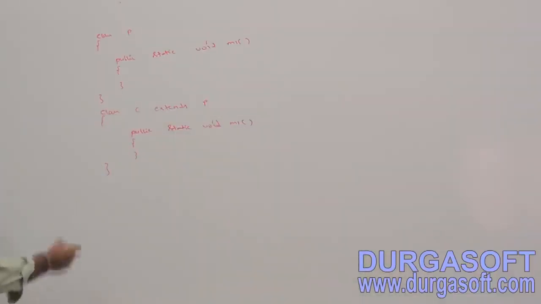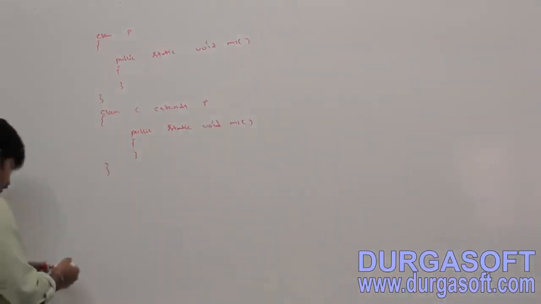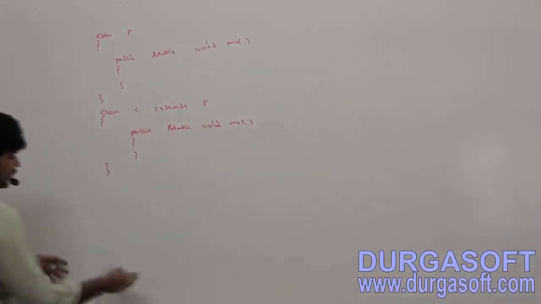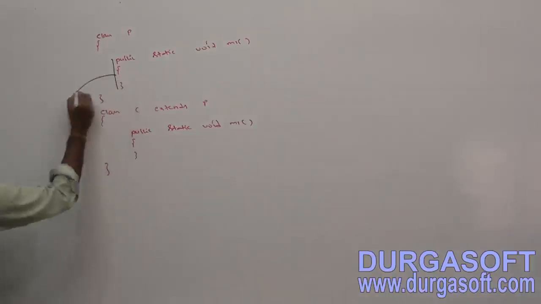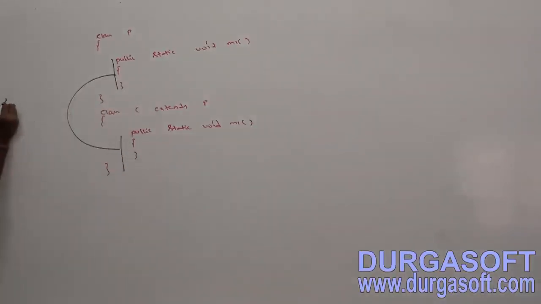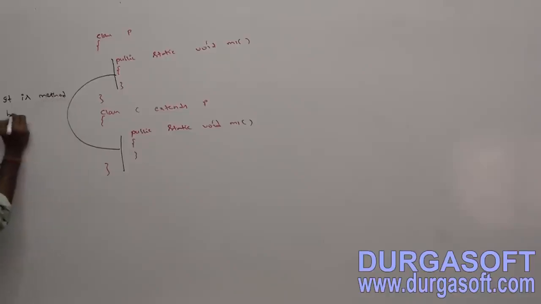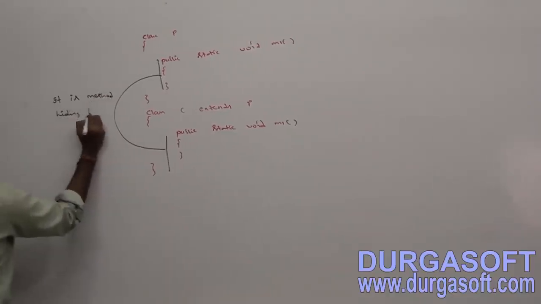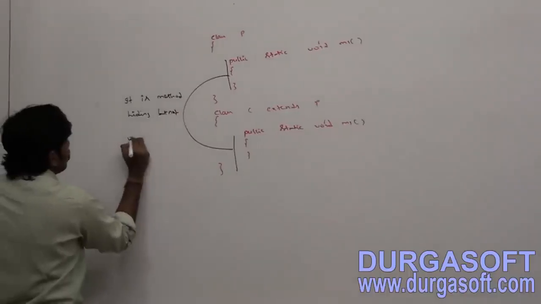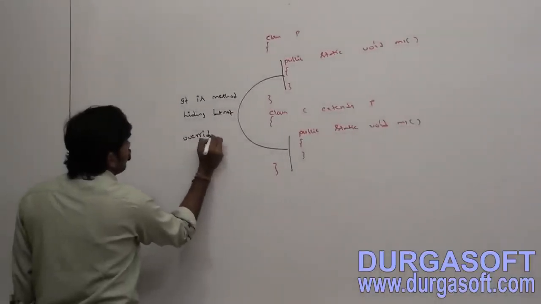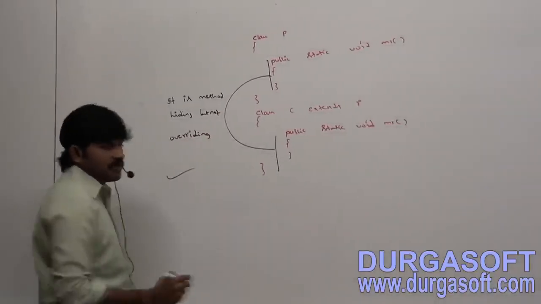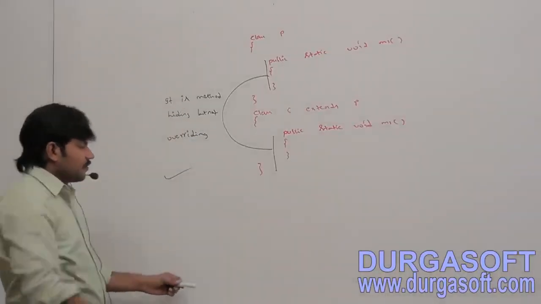Now just observe the comment here. It is method hiding, but not overriding at this point.